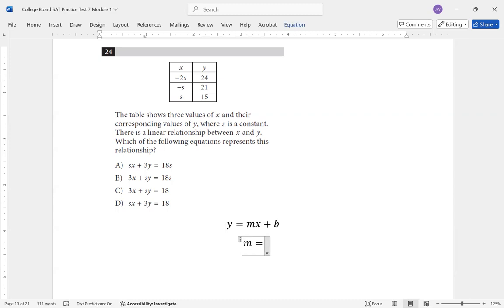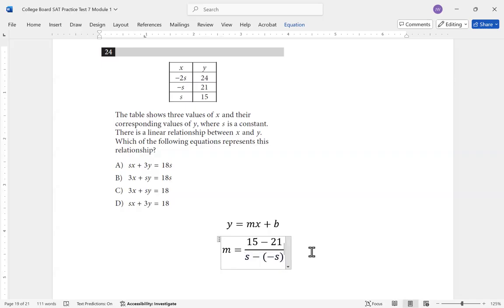The slope is going to be the slope between 2 points. I'll use the last 2 points, (s, 15) and (negative s, 21). So slope is the change in y values, that's 15 minus 21, divided by the change in x values, that's s minus negative s.